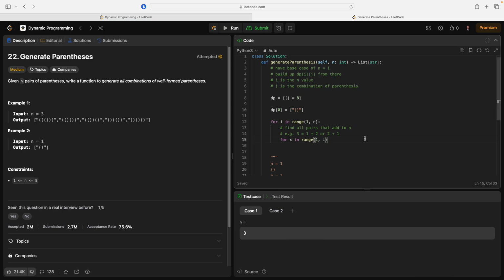If that'll work, because if i is 3, for example, then that gives us 1 and 2. Okay, now the second subproblem is i minus x. So if we have 3, then that gives us 1 and then 2, and then x goes up to 2, so then we get 2 and 1.